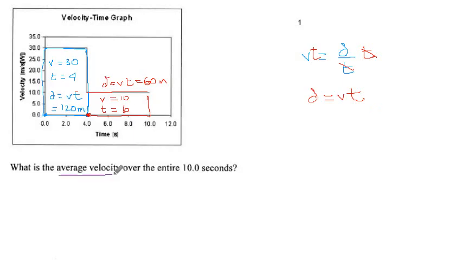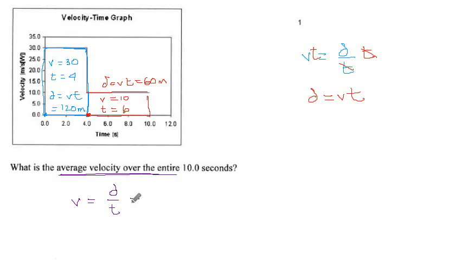What they want is the average velocity over the entire trip. And we know you can find average velocity by doing your distance divided by your time. Now, this chunk had its own velocity, 30, and this one had its own velocity, 10. The average velocity for the whole trip is going to be the total distance divided by the total time.